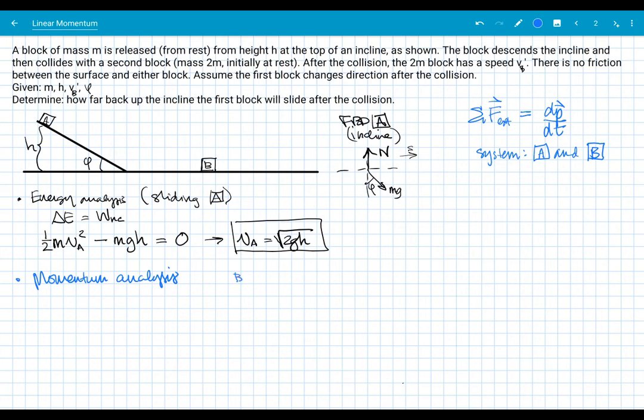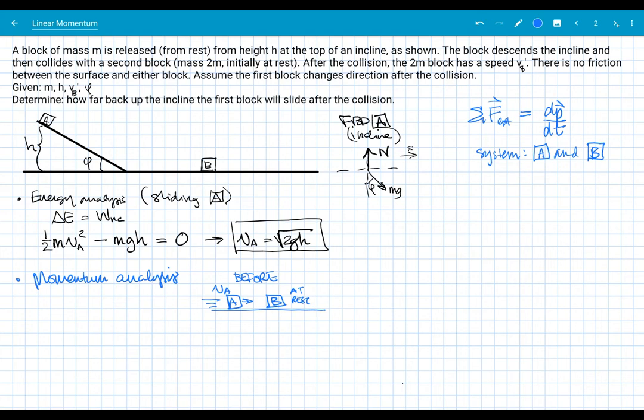In the before case, block B is just sitting here, and block A is approaching it at VA, which we just found. So block A is approaching block B, and block B is at rest.